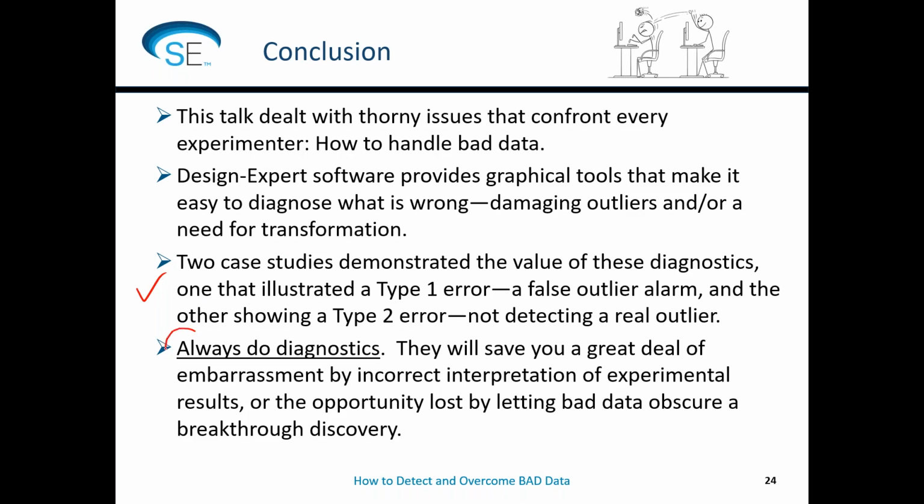So really, the answer is always do diagnostics. And then especially pay attention to the Box-Cox plot. Consider transformations, right, which Box-Cox will recommend. There are some that are not Box-Cox.